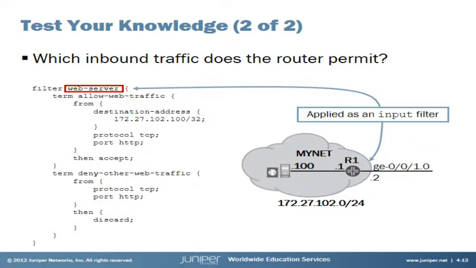So good. And what are we doing? We're applying it as an input filter on R1. Which inbound traffic does the router permit? What do you reckon? What traffic will that router permit?